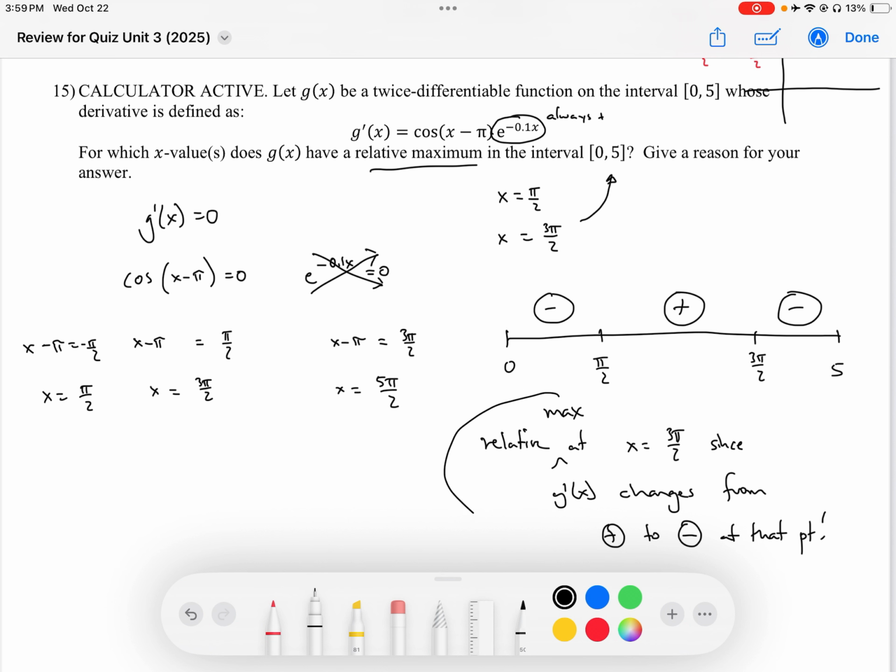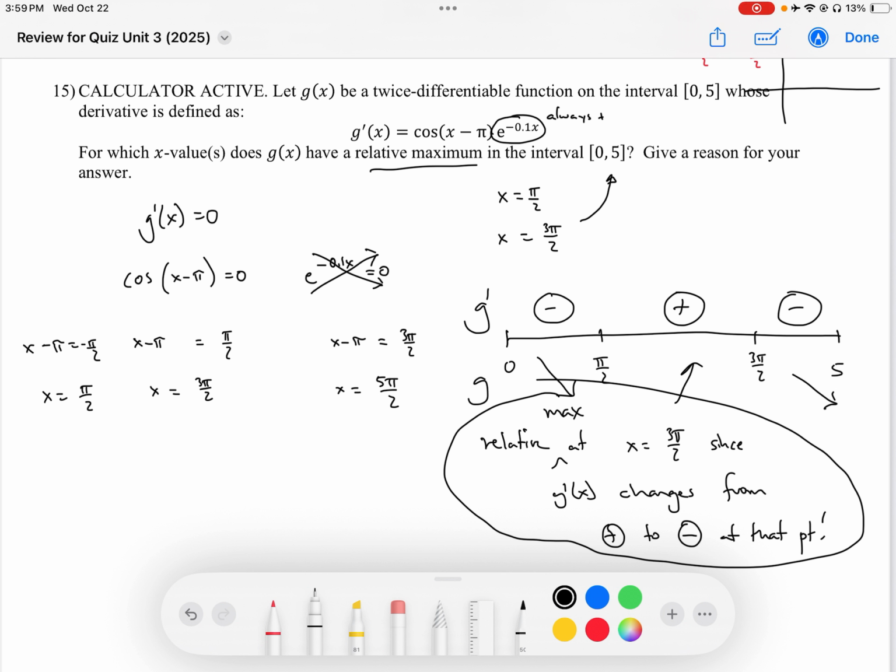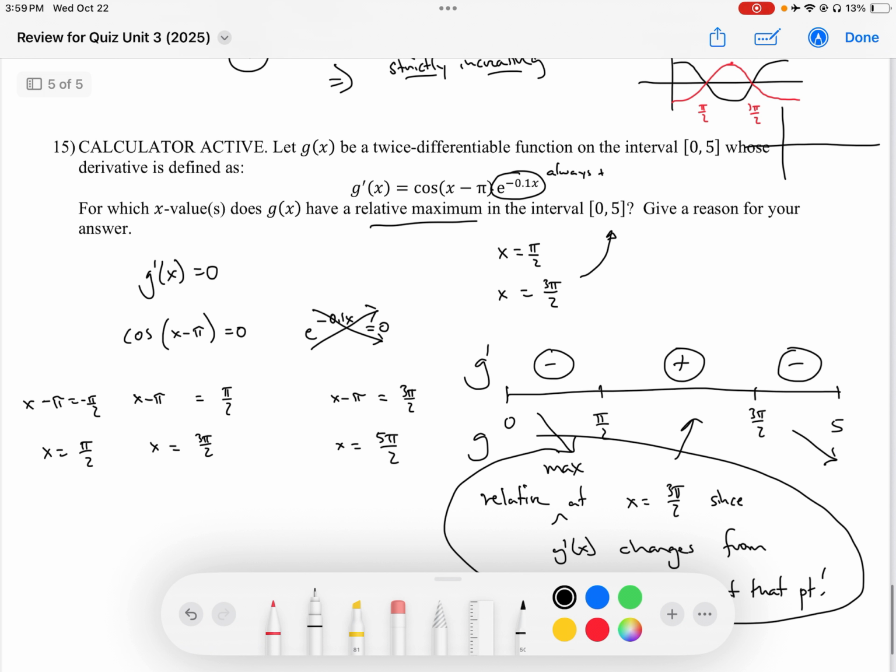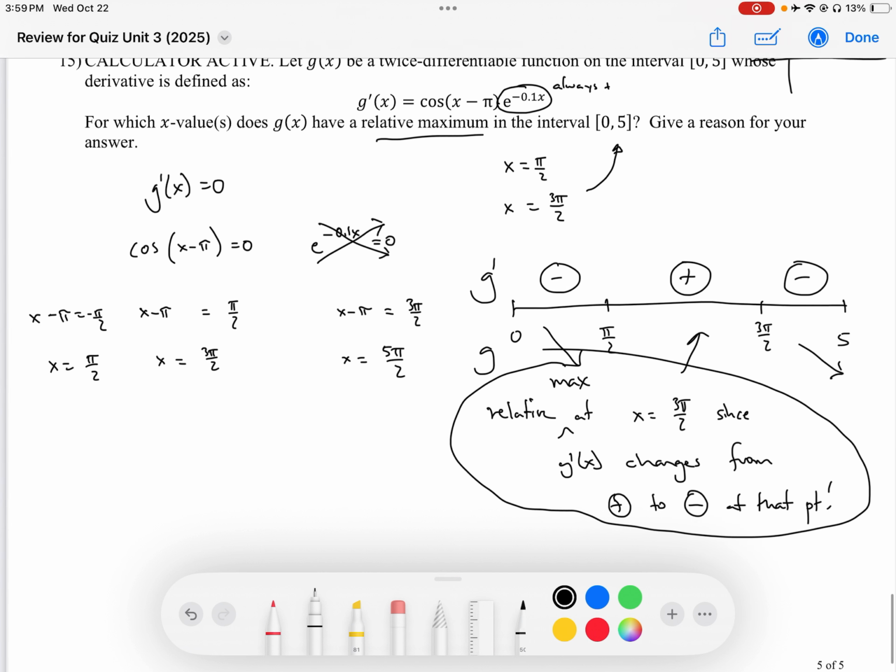So relative max at that point because this is g prime. That means g is decreasing, then increasing, then decreasing. So you can see that I would have a max there. Okay, I think that's it.